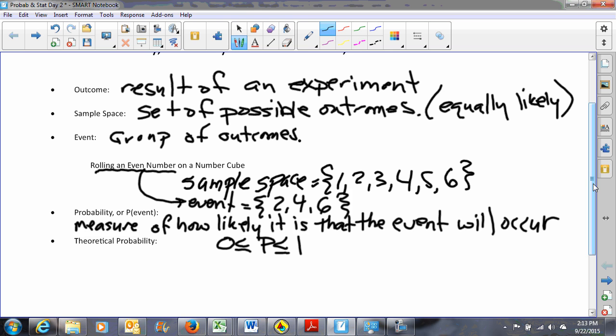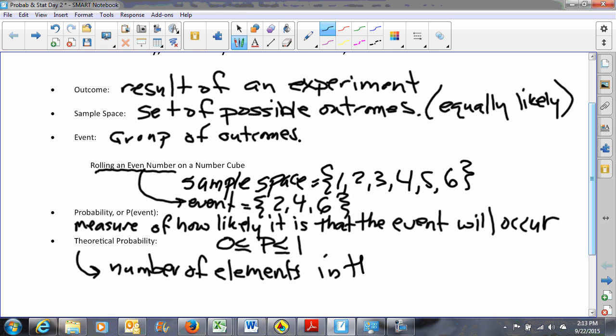The theoretical probability, though, just turns out to be the number of elements in the event divided by the number of elements in the sample space.